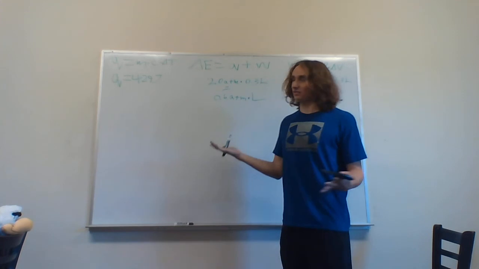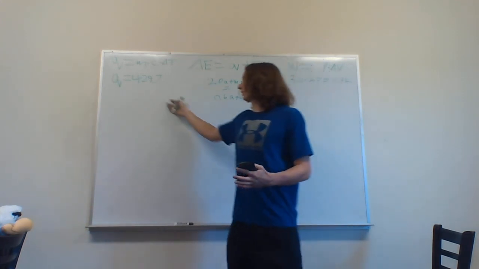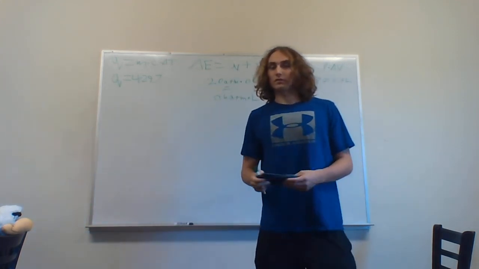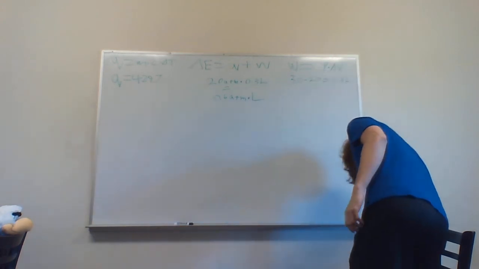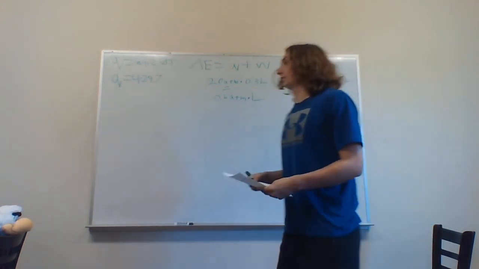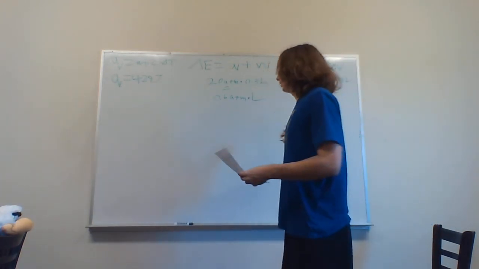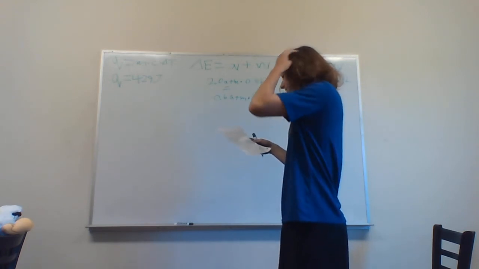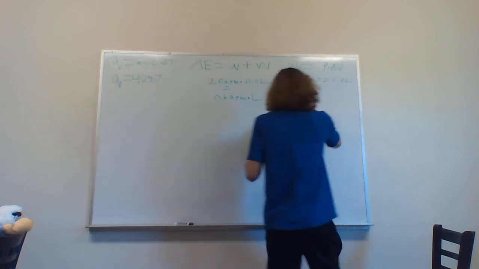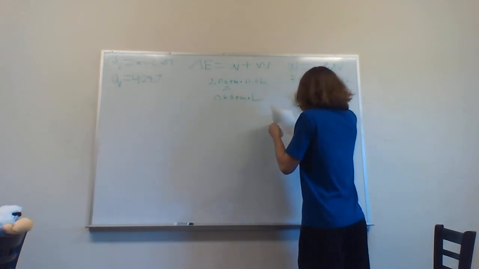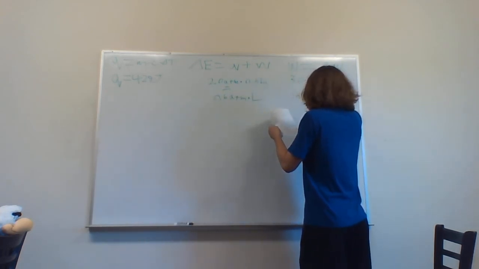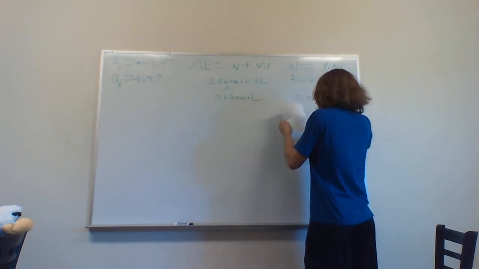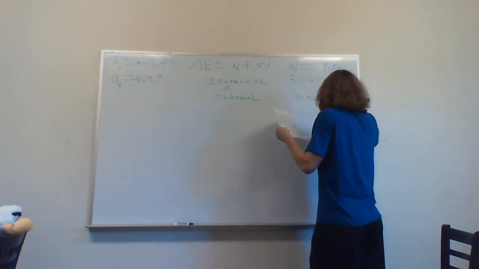As we said earlier, we want our answer in joules. Thankfully, there's a direct conversion from atm times liters to joules. I'll write it over here: 101.325 joules is equal to 1 atm times liter.